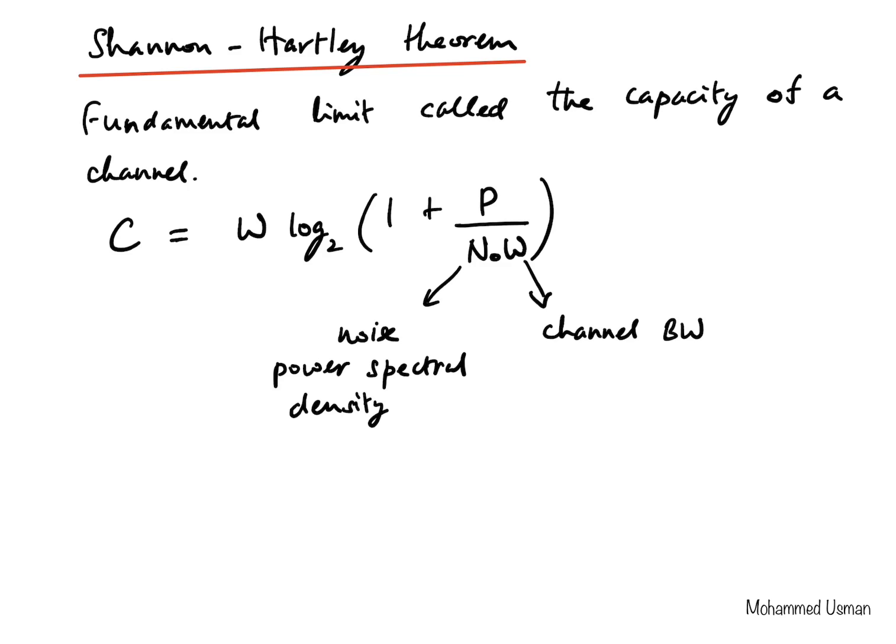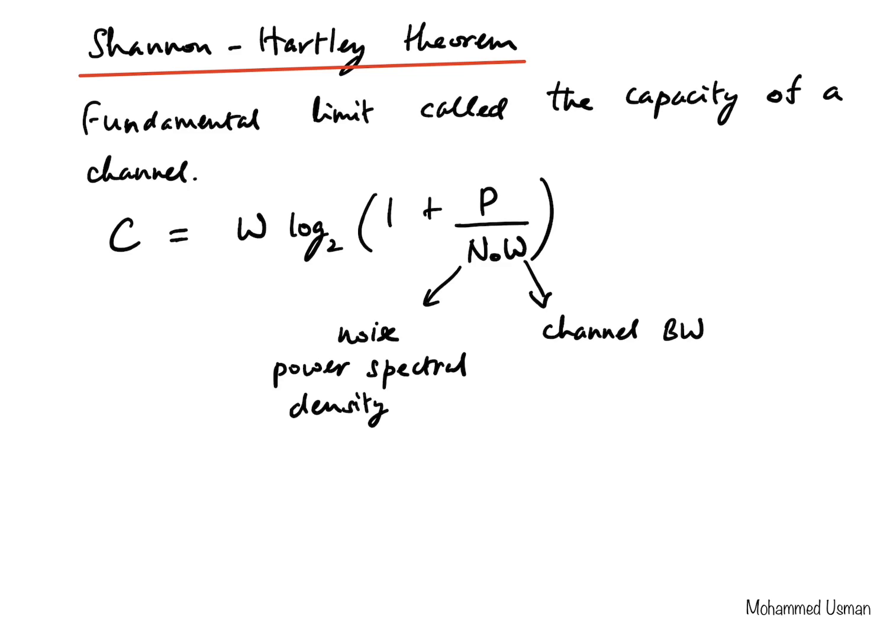So if we have a wider bandwidth for the channel, that means the noise power is going to increase, because the noise power is given by N naught times W. If W increases, the noise power spectral density gets multiplied with a bigger number, so the denominator is going to increase. And if we don't increase the signal power, the signal to noise ratio is going to become small.